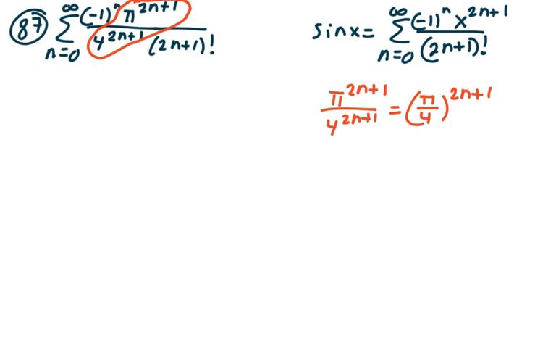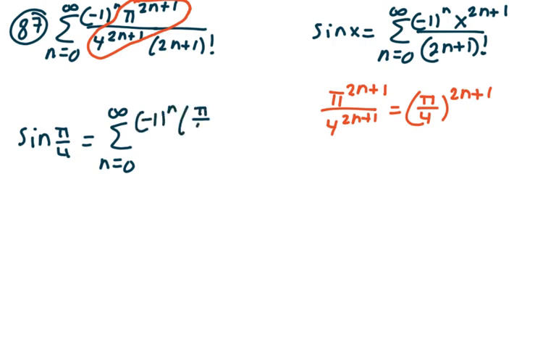So if we notice, sine of pi over 4 is the summation from n equals 0 to infinity of negative 1 to the n times pi over 4 to the 2n plus 1 divided by 2n plus 1 factorial, right?